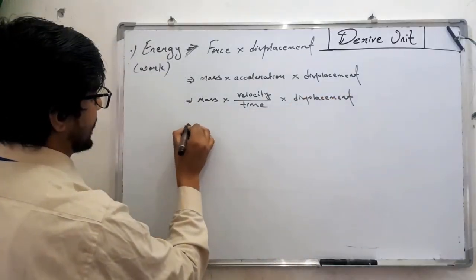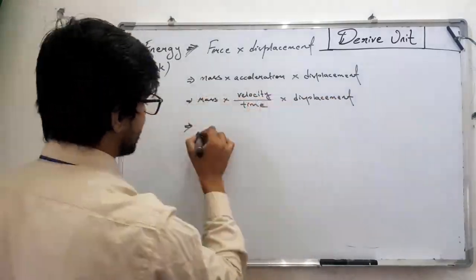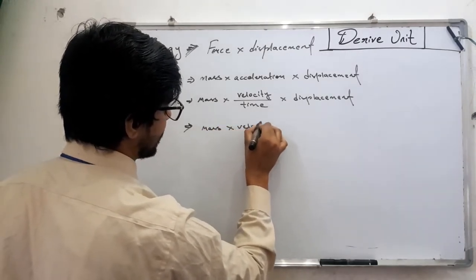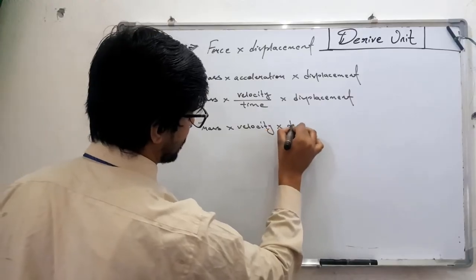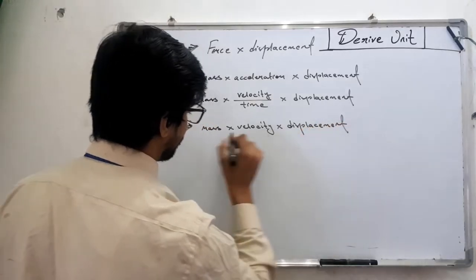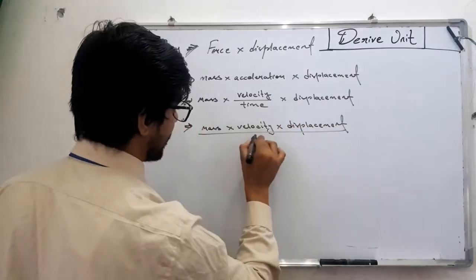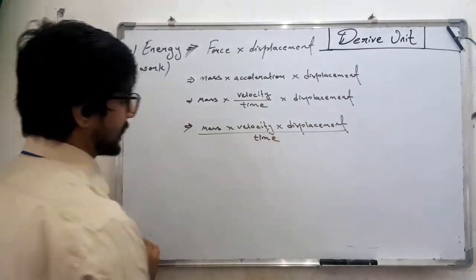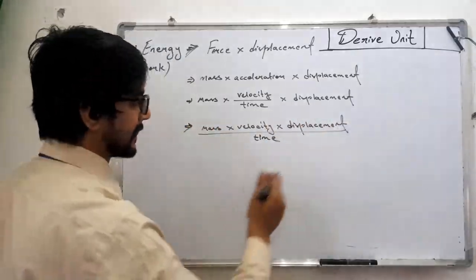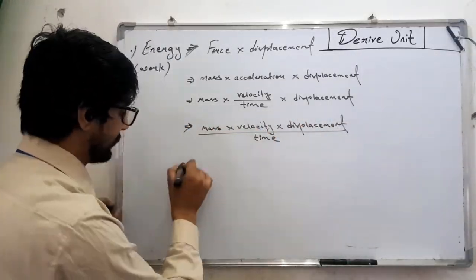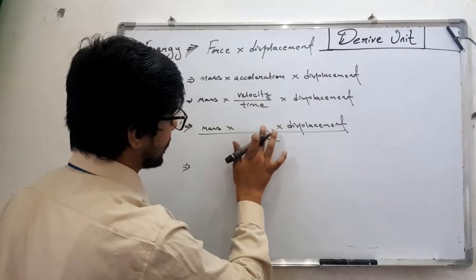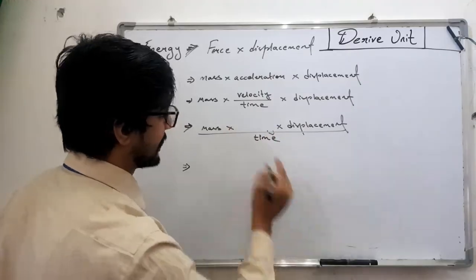Now if you arrange this, you will get mass into velocity into displacement by time. So see over here, they are all in terms of fundamental quantities except velocity, which means we need to change the velocity. So I will be changing it here. You can change it in the next step also.